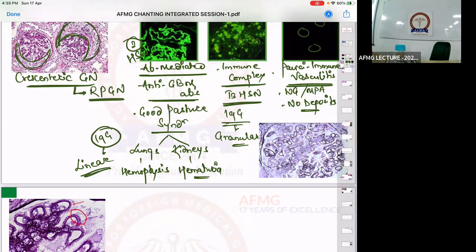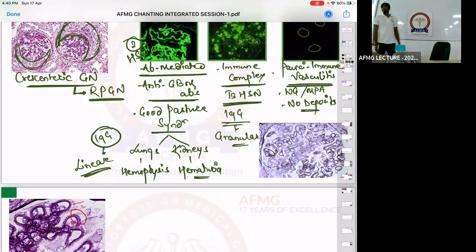Quickly again, in Goodpasture which type of deposit? Immune complex? Pauci-immune? Pauci-immune is seen in Wegener's granulomatosis, microscopic polyangiitis, and Churg-Strauss syndrome. These are small vessel vasculitis. Which is the antibody in Wegener's granulomatosis?